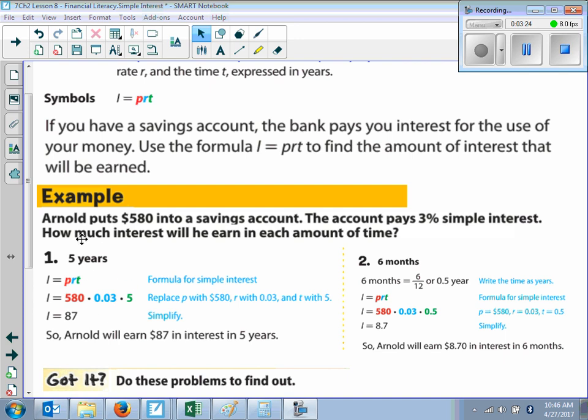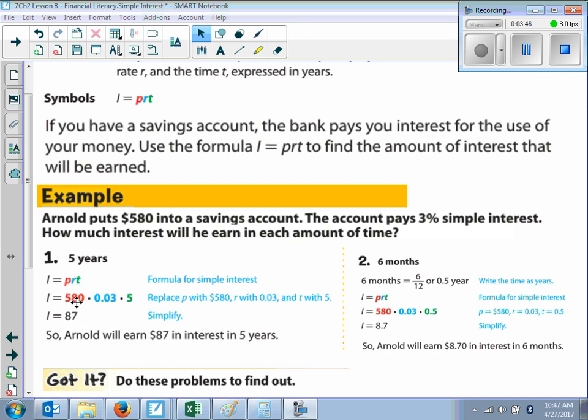So, for the first example, it says Arnold puts $580 into a savings account. The account pays 3% simple interest. How much interest will he earn in each amount of time? So, once again, remember you guys, formula, substitution, answer. We write our formula, interest equals PRT.